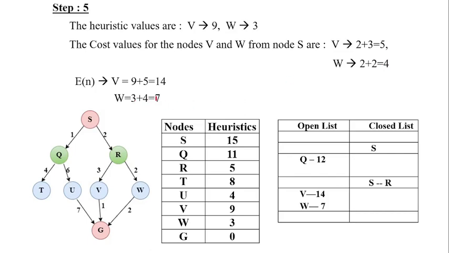So 3 plus 4, which is equal to 7, which is the evaluation function for node W. Now, place these nodes V and W in the open list along with the evaluation cost. Now, W has the minimum value when compared with the node V. Hence, move W from the open list to the closed list.